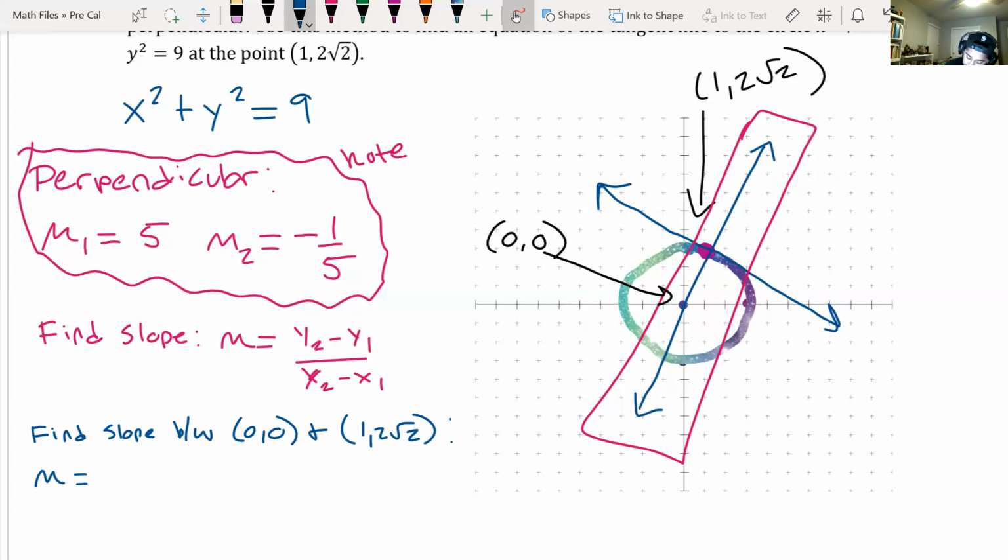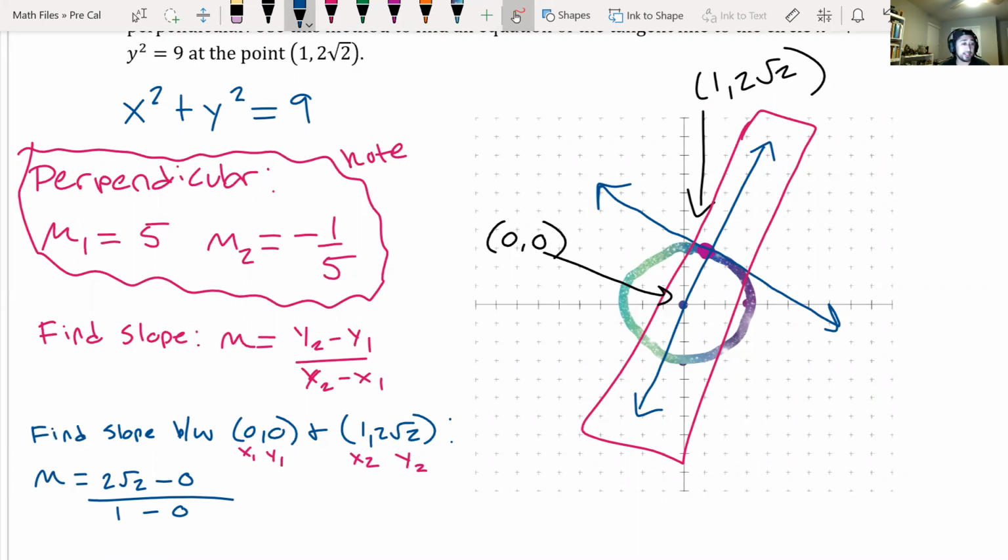So I'm going to label these then. This is going to be x1, y1, x2, y2. And we're going to have 2 square root of 2 minus 0 over 1 minus 0. Hey, that's easy.